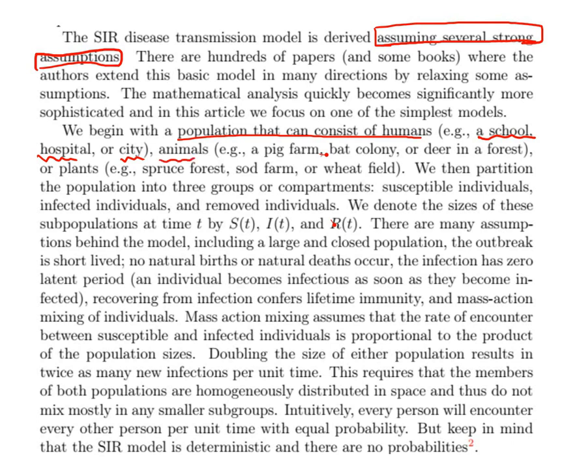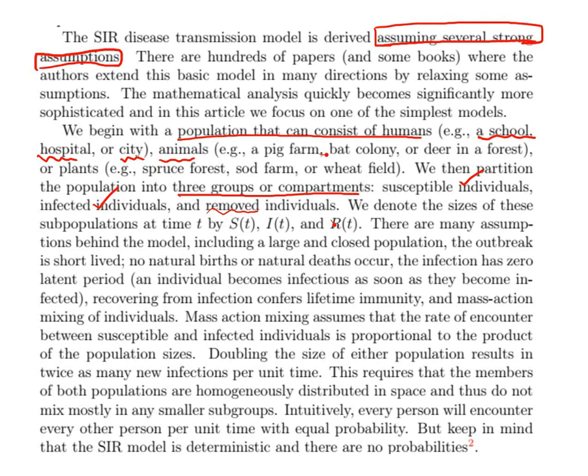So we are talking about living things that we can actually talk about. Then we partition the population into three groups or compartments, which I mentioned earlier on. We've got susceptible individuals, infected individuals, and recovered or removed individuals.